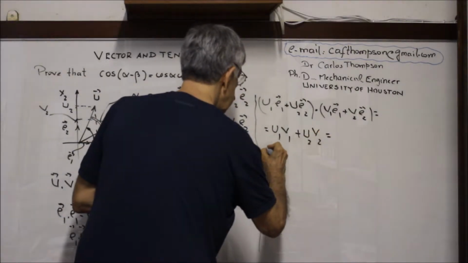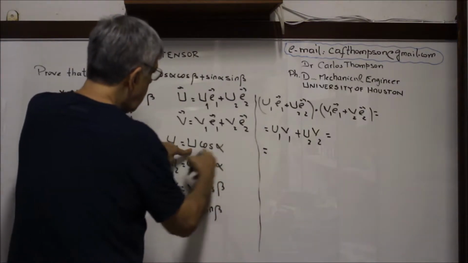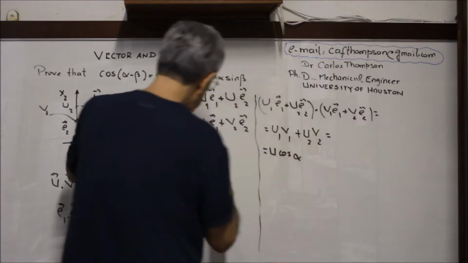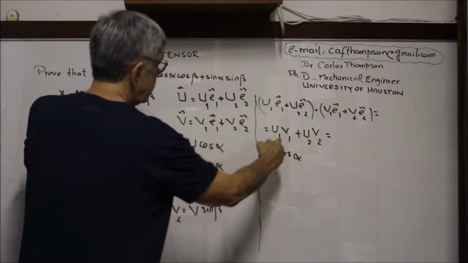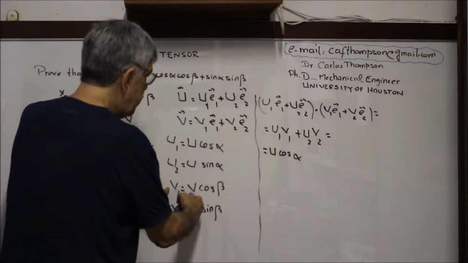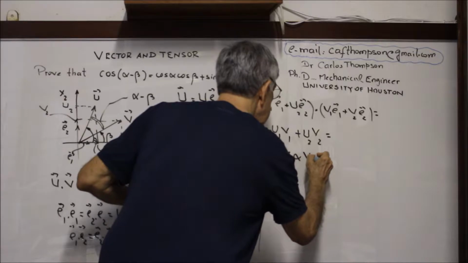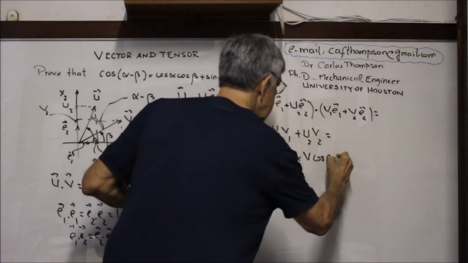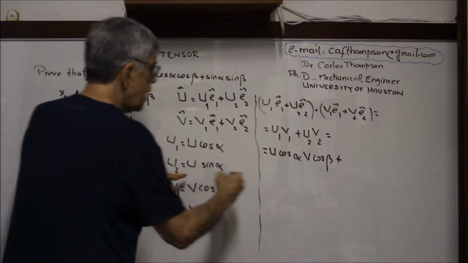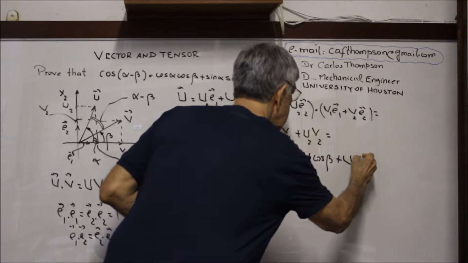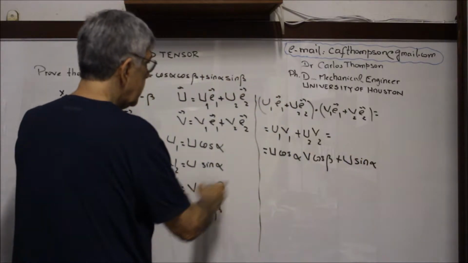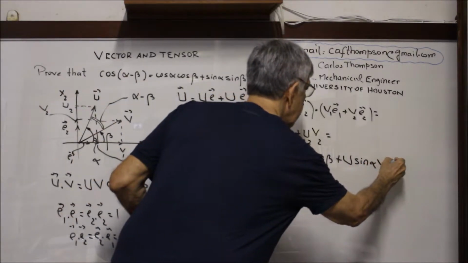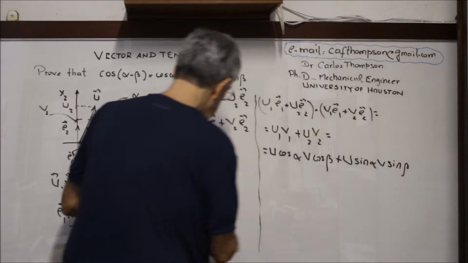Now, I'll substitute these components. So this will be equal to u cosine alpha, that's u1, times v1, which is v cosine beta, plus u2, which is u sine alpha, times v2, which is v sine beta.